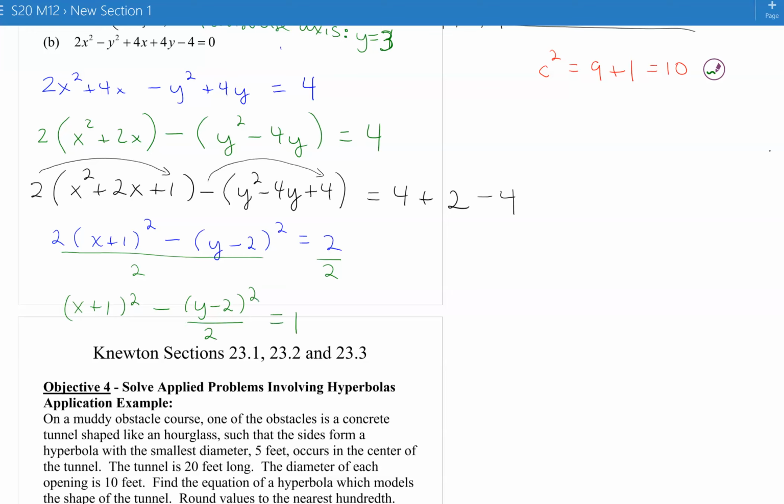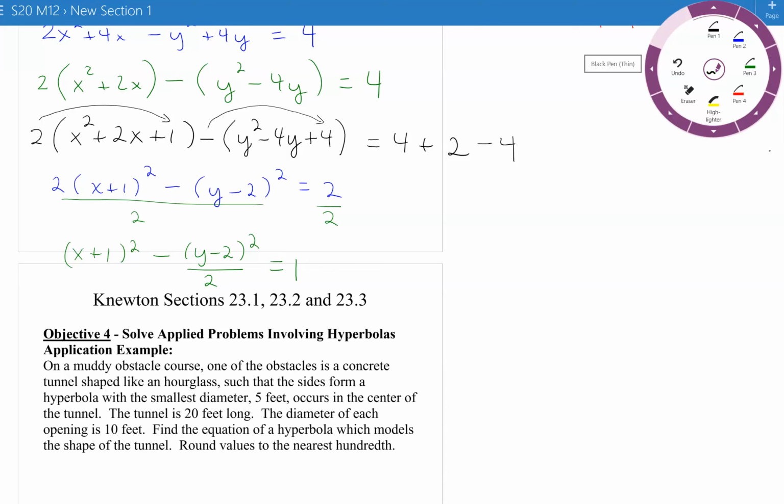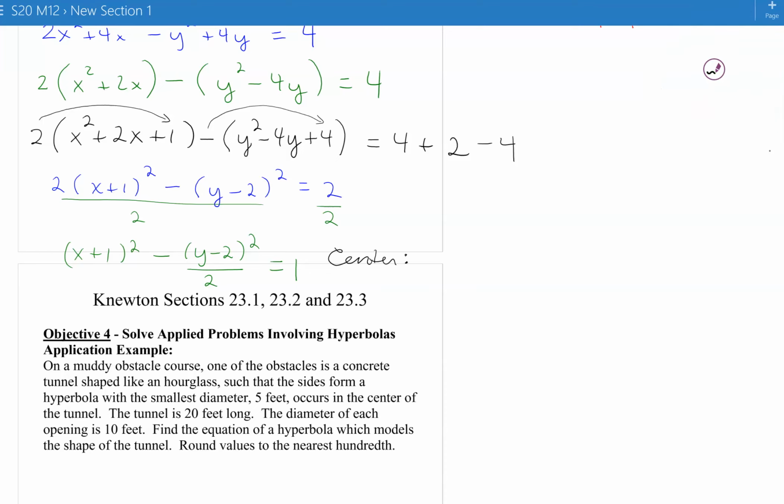So that's the first part, write it in the standard form. And then let's see what we can figure out. The center I can read off from the equation is negative 1 comma 2. So negative 1 comma 2 is my center.